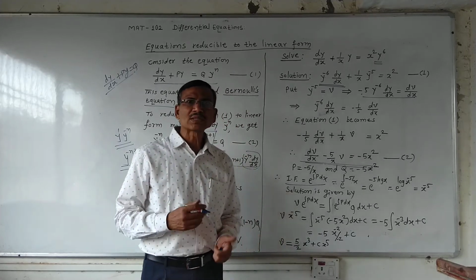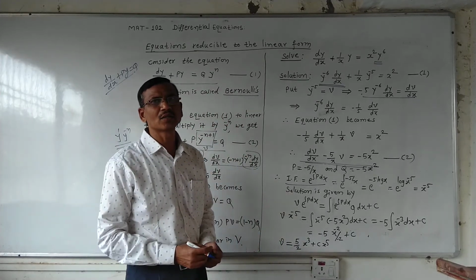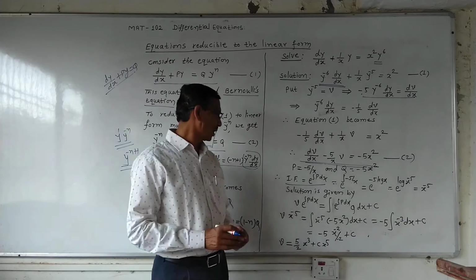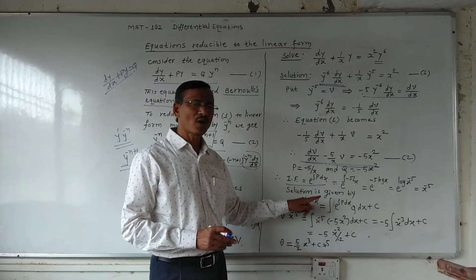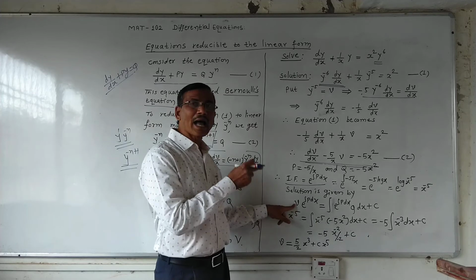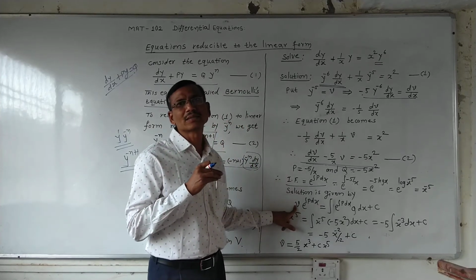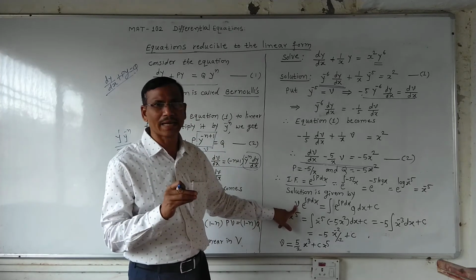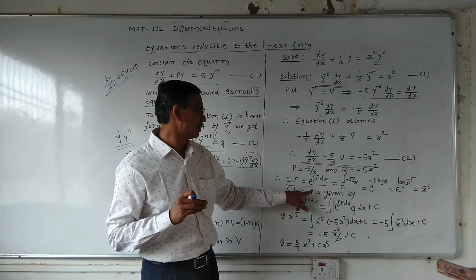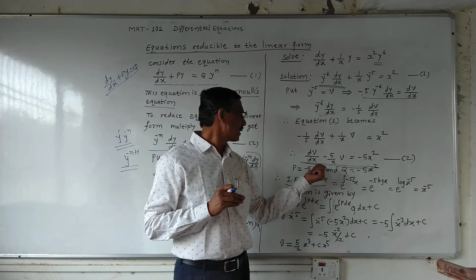Once we get an integrating factor, then we can find the solution of the linear differential equation. Now, what is the formula? Usually we consider y into integrating factor, because it is a linear differential equation in y and x, but it is in v and x.